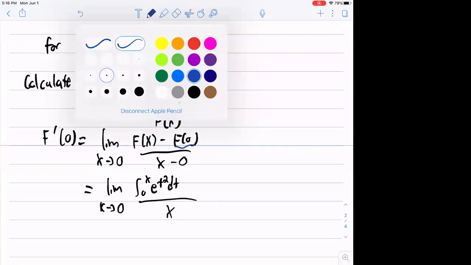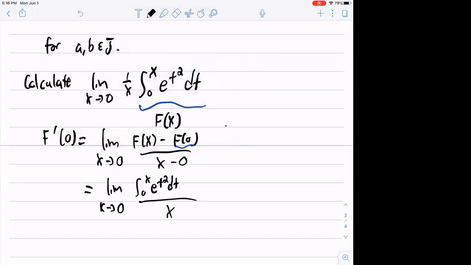The reason is, F of 0 is the integral from 0 to 0, because I'm plugging in 0 for x. This is just 0, because I don't care how big e to the t squared is. If you do your Riemann sums, your rectangle has no width, because you're only integrating over a point.